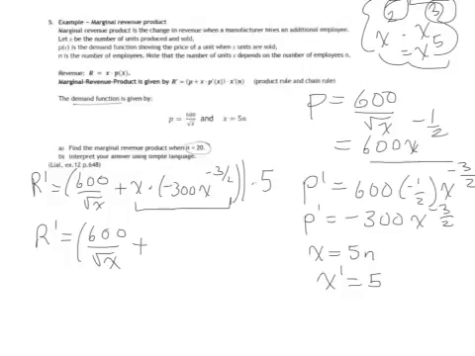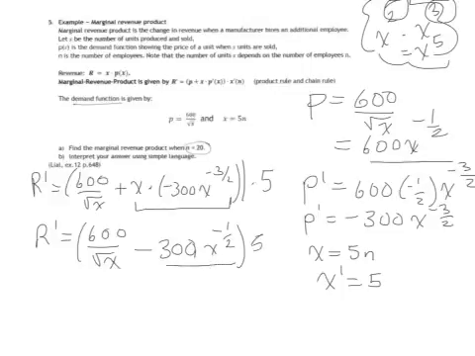Okay, so you're going to have, I'm just going to rub this out because that's going to be a negative sign, negative 300. So x, it's going to be x to the negative 1/2. And all of that is going to be times 5 still.